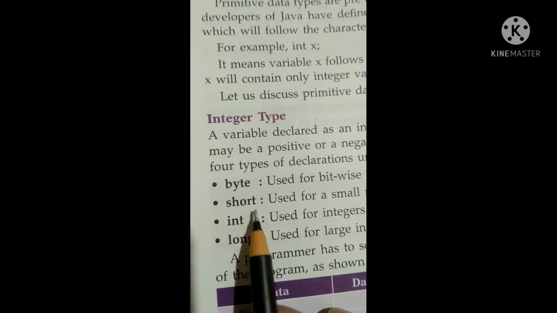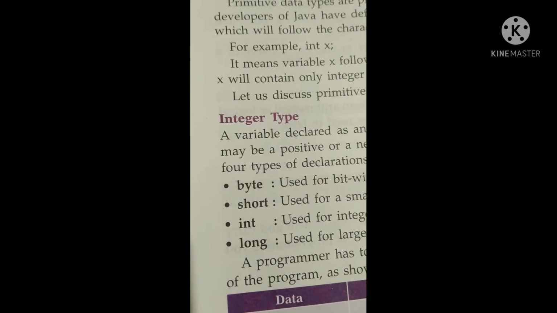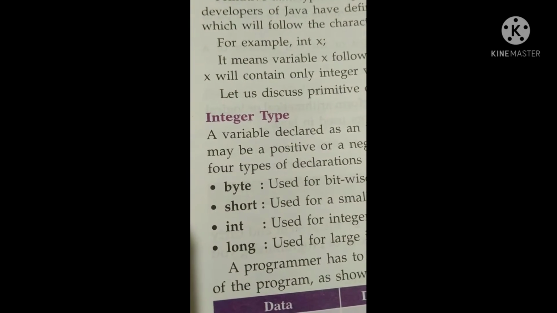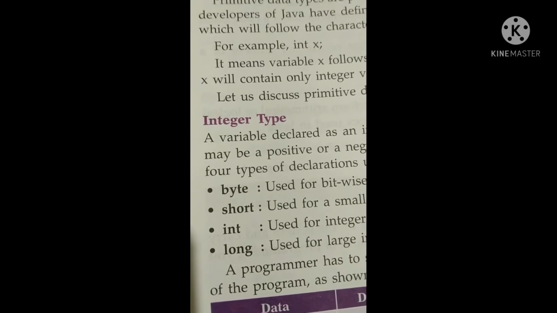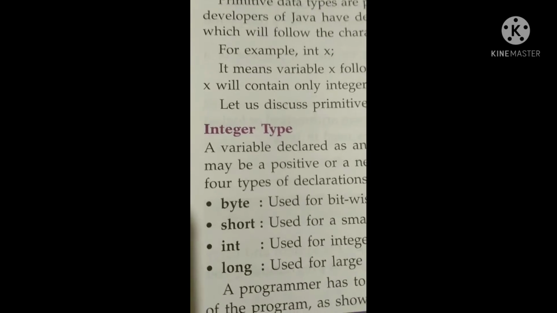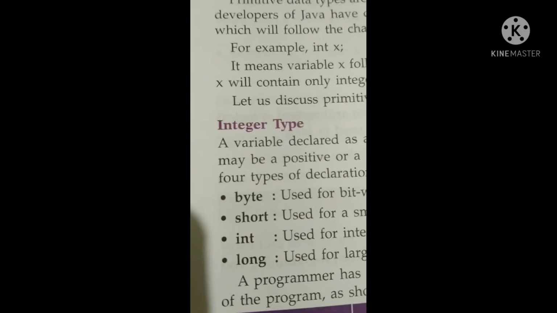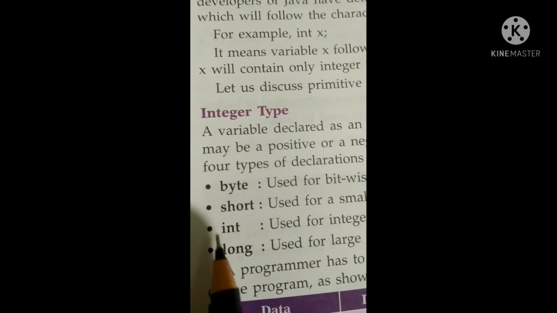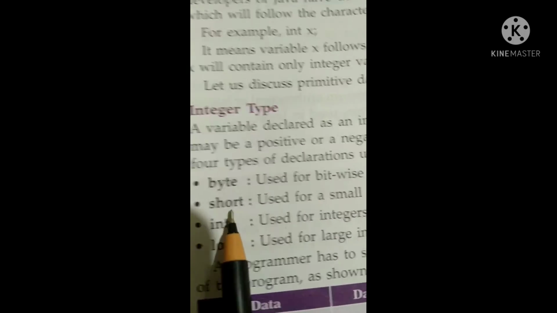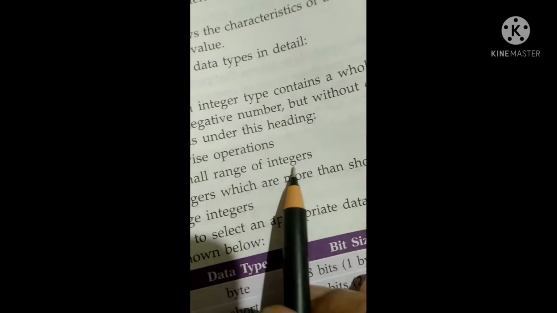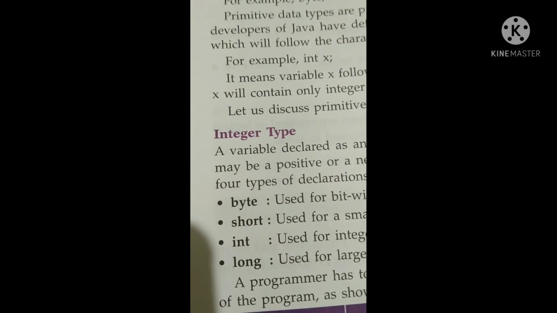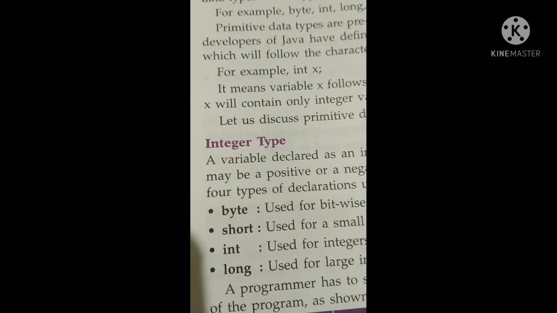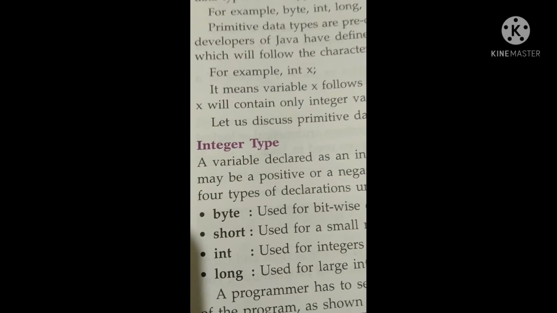And short: if in your program there is no use of long integers and only short numbers are needed, then you will use short integer. Short is used for a small range of integers, for example a census report. For example, who can cast a vote in the election?